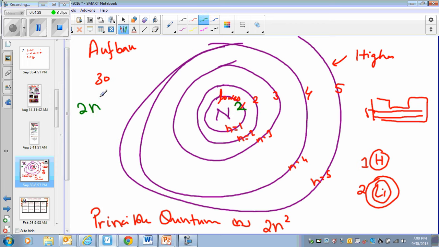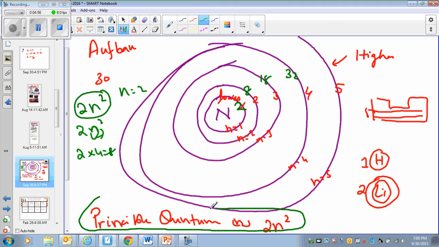If I plug in n equals 2, 2 times 2 squared, it will be 2 times 4 equals 8. So the maximum number of electrons that I can put in the second energy level is 8. Based on 2n squared, it goes 2, 8, 18, 32, and you can do the math the same way. Again, Bohr explained this maximum number of electrons by the principal quantum number, and each energy level is represented by n.